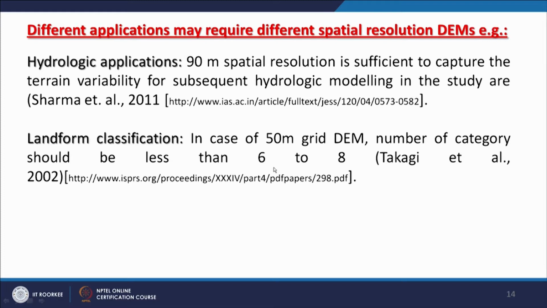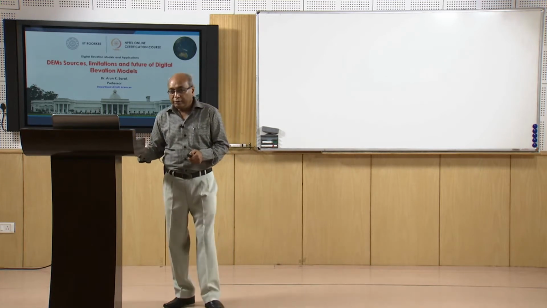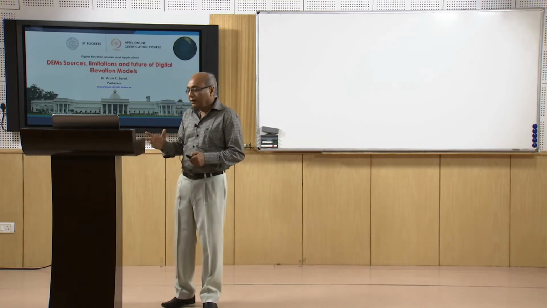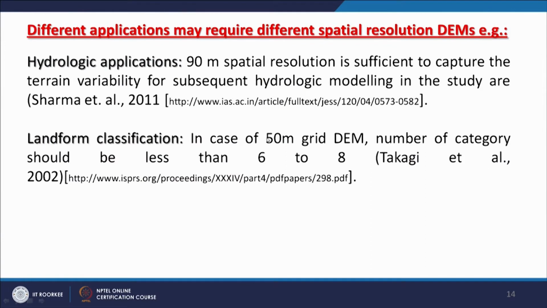We can restrict ourselves to 6 to 8. So if in a terrain landform categories are not varying, they are just 6 to 8 in range, a rough estimation, then a relatively medium range spatial resolution DEM may be suitable.